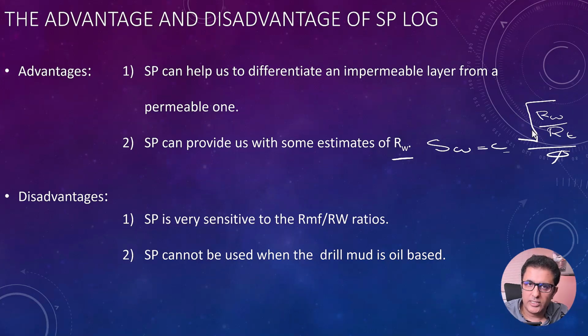So one of the parameters that we need in order to obtain water saturation in the formation is RW. And if we have water saturation in the formation, we can obtain hydrocarbon saturation in the formation using this equation.